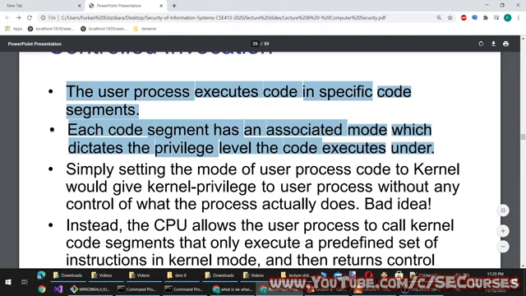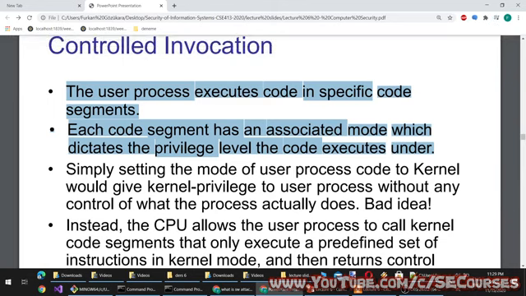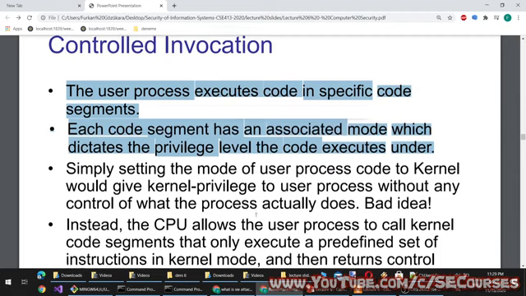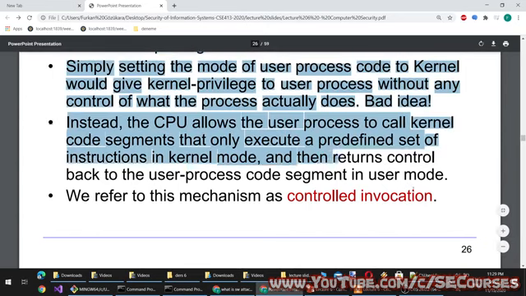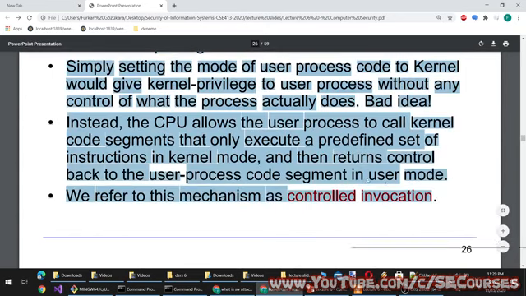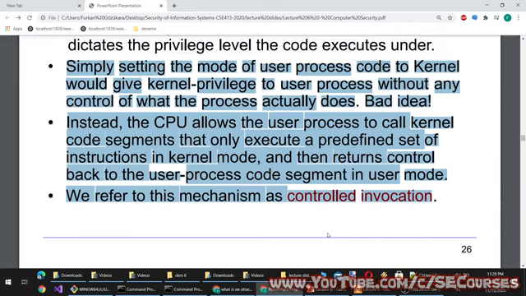The user process executes code in specific code segments. Each code segment has an associated mode which dictates the privilege level the code executes under. Simply setting the mode of user process code to kernel would give kernel privilege to the user process without any control of what the process actually does.